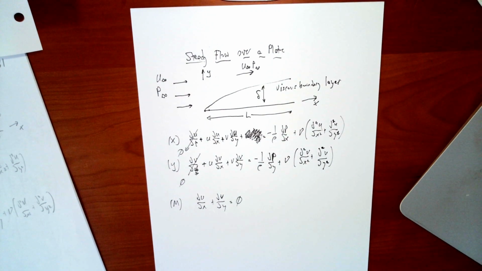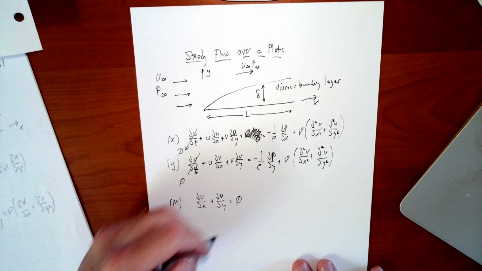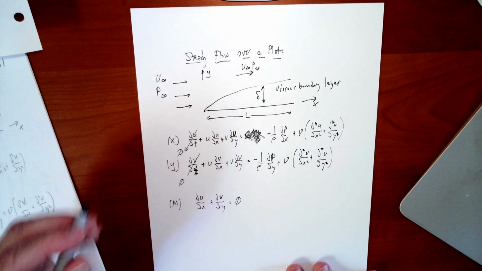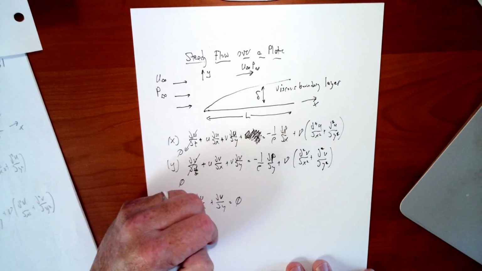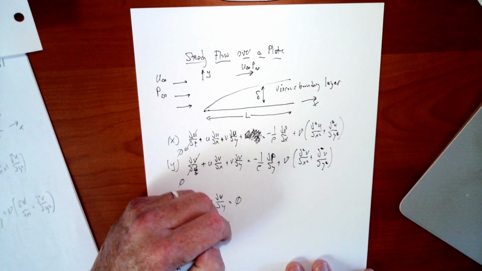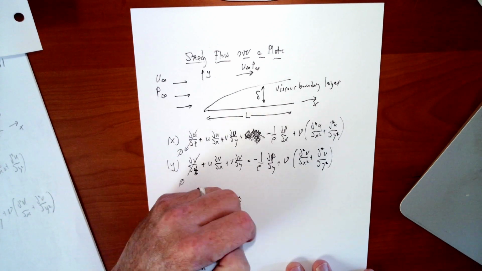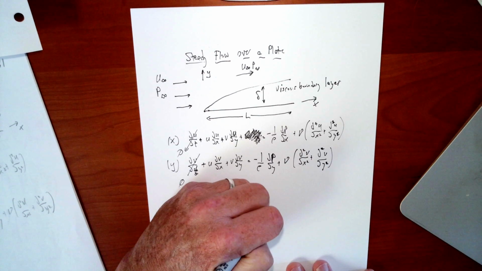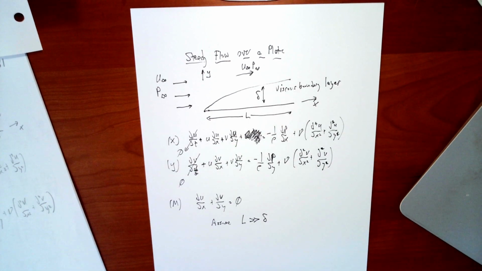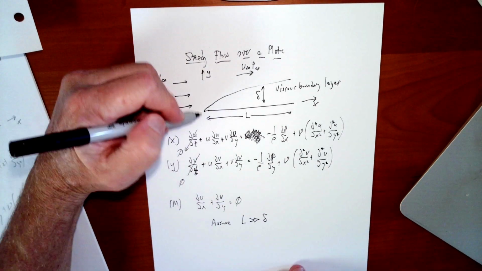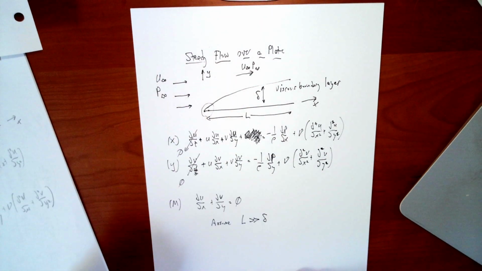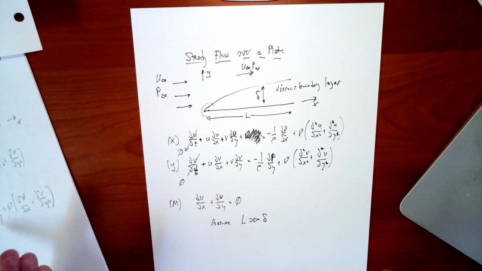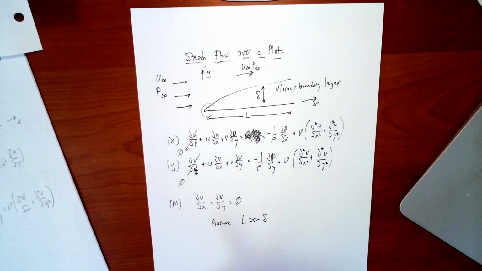We're now going to make an assumption, and it'll prove to be a correct assumption, but it allows us to move forward, and then we can verify it. We're going to assume that the viscous boundary layer is small. What we mean by that is that L is much, much greater than delta. Obviously this assumption will not apply right here at the tip of the plate, where if L were very small, then delta and L would be similar sizes.